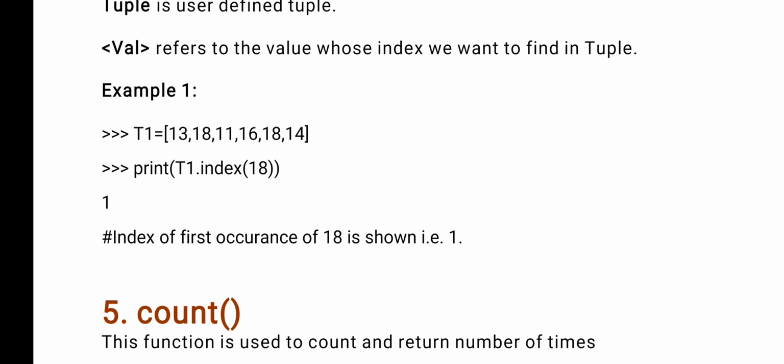T1 is a tuple. The index method I am using is used to find the index number of a given value. So what is the value here? 18. So the index method finds the index value of 18. That is why 1 is printed because, as already explained, index starts from 0. So the index number of 18 will be 1. Once you see the program.